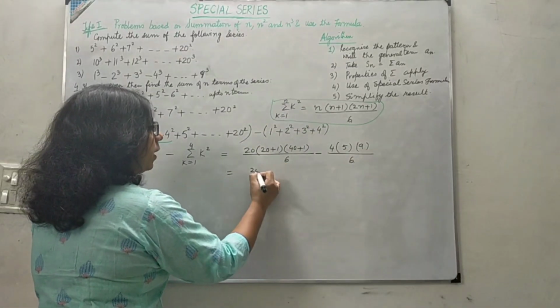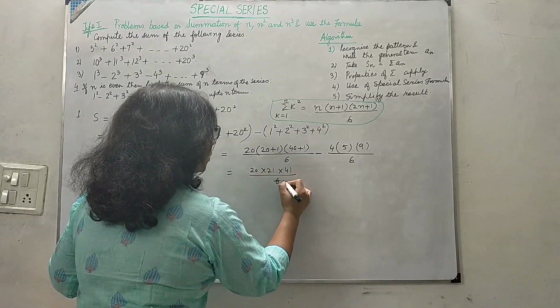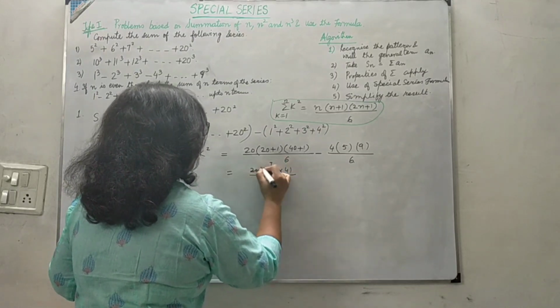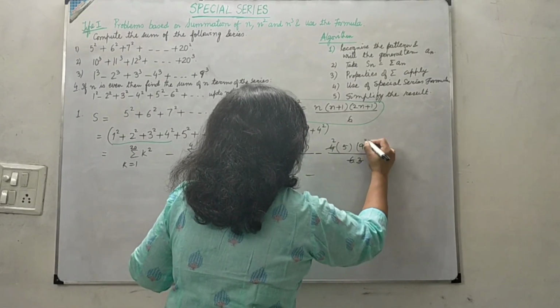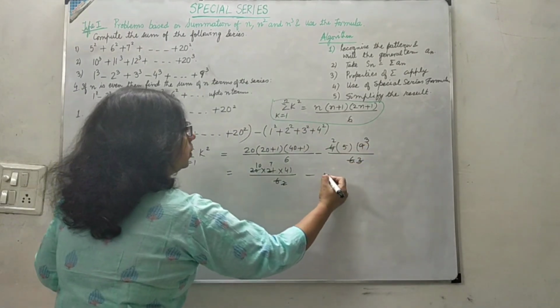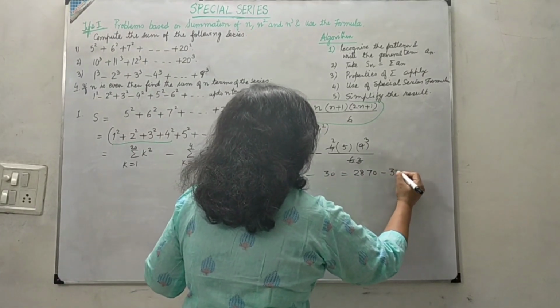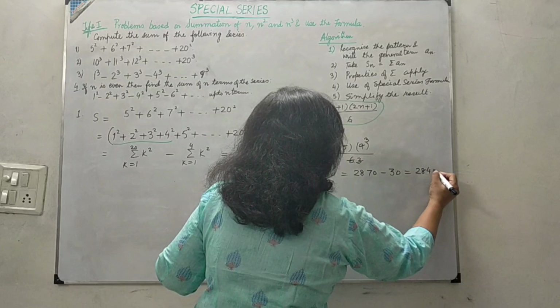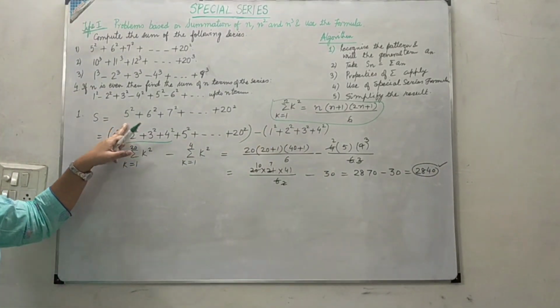Now, if I simplify 20, 21, 41 by 6, this is 2870, minus 30, that is 2840. So this is the required sum for this given series.